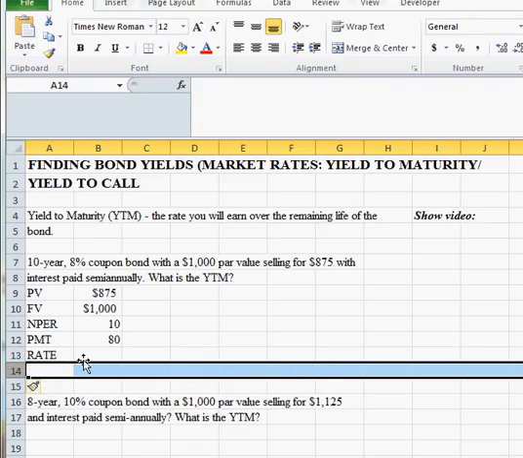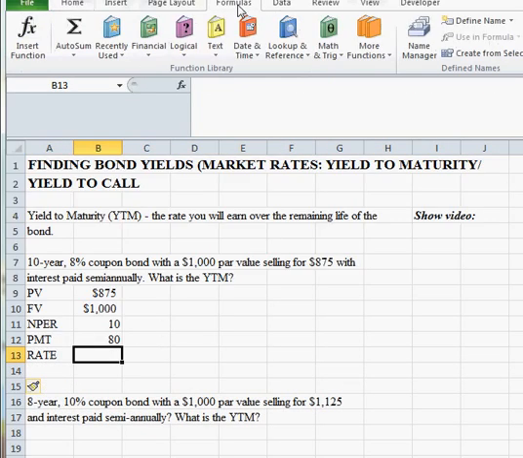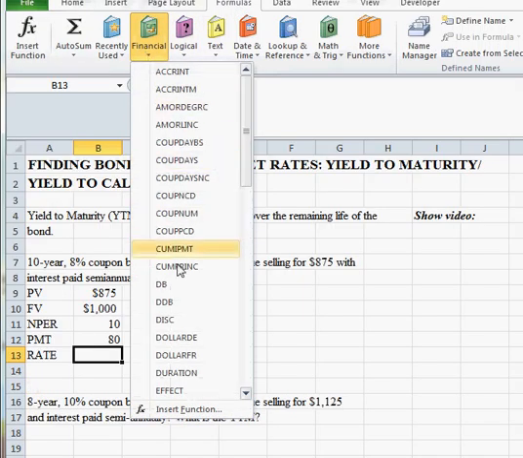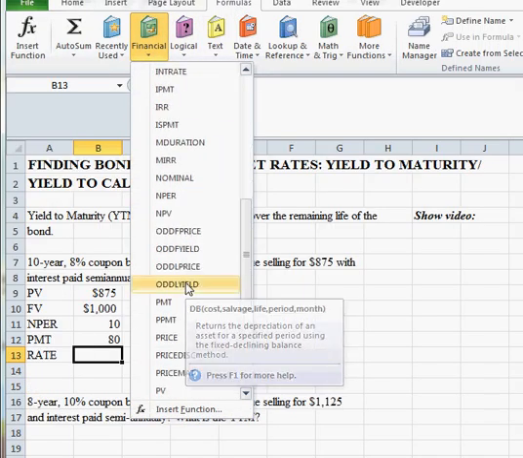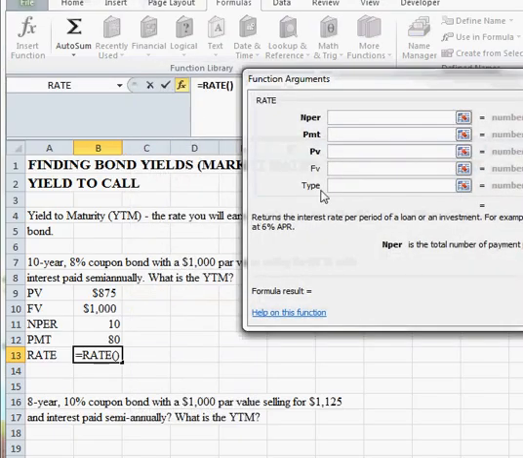So we'll go to our formulas and financial, and we're going to find rate. So the number of periods is 10 years, but it's semi-annual, so it's going to be twice per year, so there's actually going to be 20 payment periods.